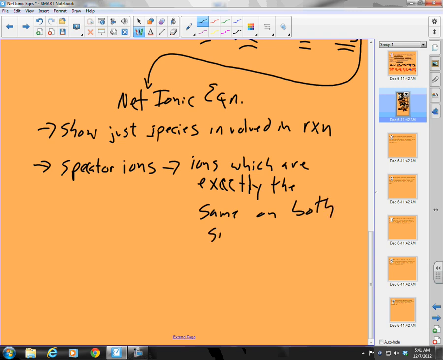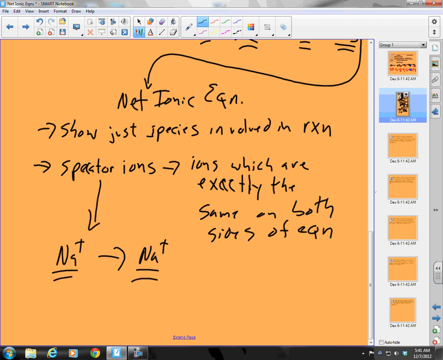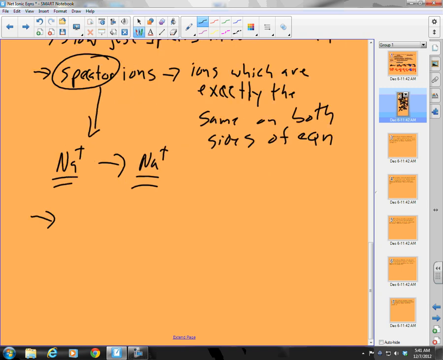So if I have an arrow and I have Na plus on the product side, and I have Na plus on the reactant side, well, those things are exactly the same, so that would be a spectator ion, meaning what? It's spectating, it's just watching, okay? So we want to identify the spectator ions, and here's the key.